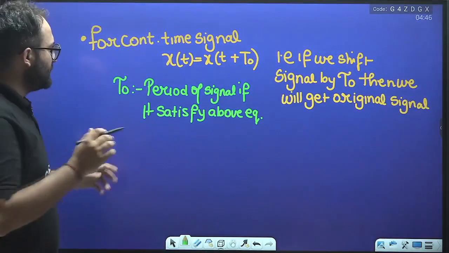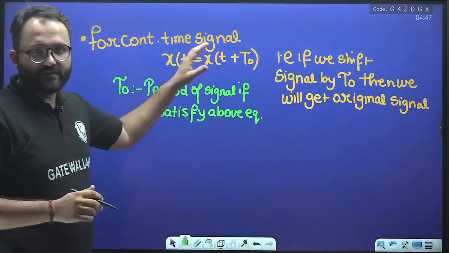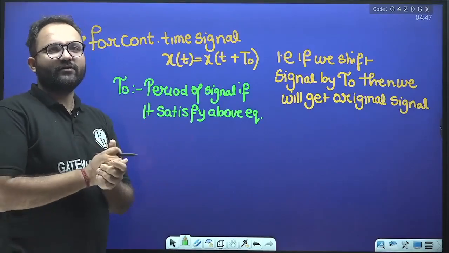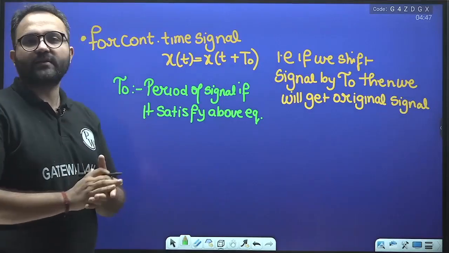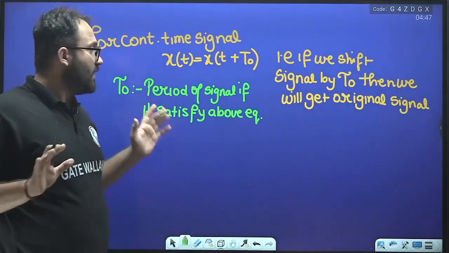Okay. Similarly, here there is no condition on T naught. T naught can have any real value. It can be rational, it can be irrational, it can have any value.